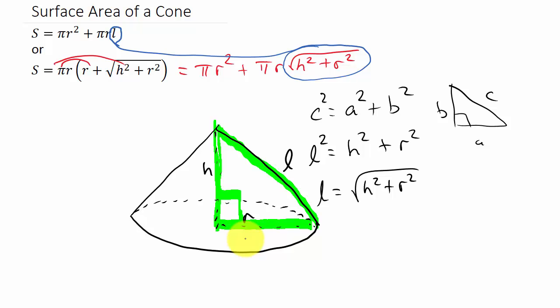They're really the same formula. You're just using different variables to plug in because you don't have L. You've got h and r. All right, so I've got three examples to work for you. Let's take a look at those.